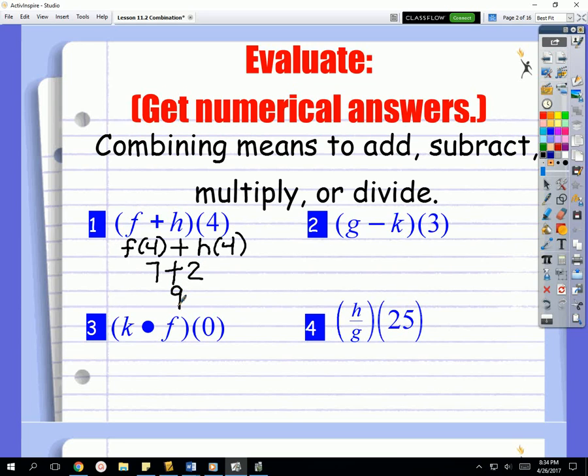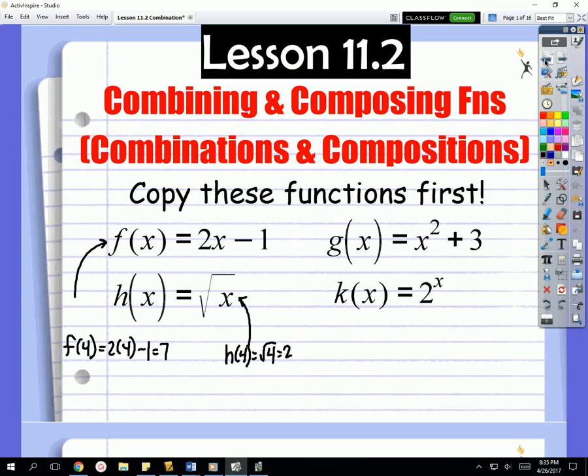And there's my answer. So on number 2, g minus k of 3 means just to do g of 3 and subtract k of 3. So I'm going to talk through. When I plug 3 into x, I'm going to have to do 3 squared, which is 9. 9 plus 3 is 12.